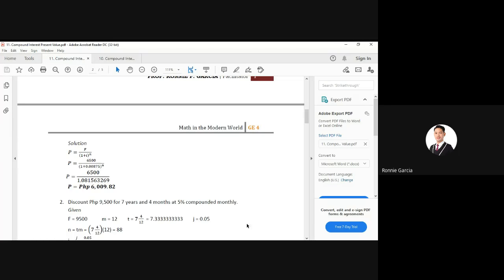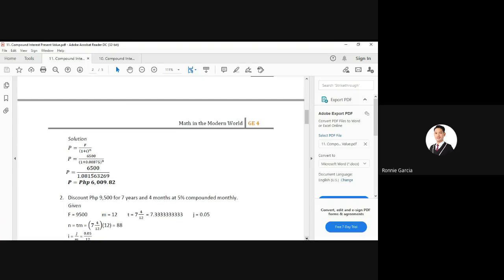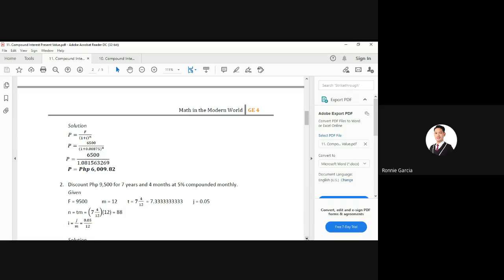Do not cut that; that is exactly what you use in your formula so you won't get the wrong answer. Accuracy is very important, especially since we are dealing with money. We cannot add one centavo or be short by one centavo, because it will no longer be accurate, and we will not be able to balance our account later on.